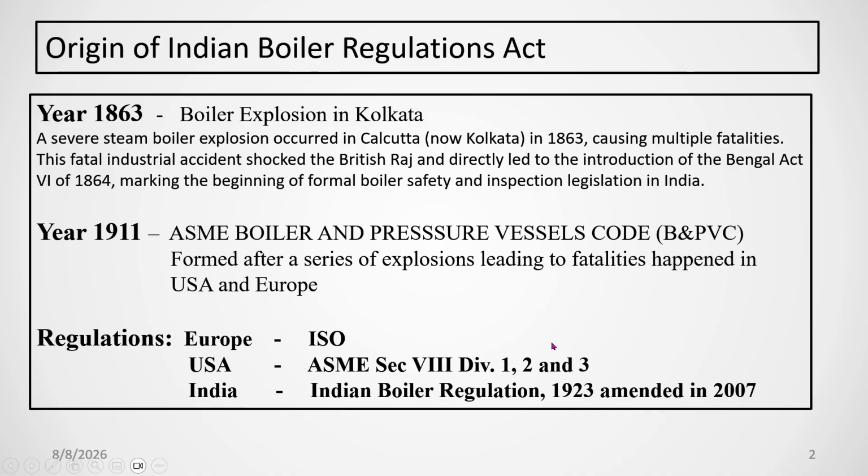Next, regulation of boilers. In 1863 in Calcutta, several steam boilers exploded, causing a lot of fatalities. This fatal industrial accident shocked the British Raj, who were ruling India at that time.